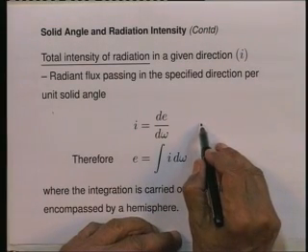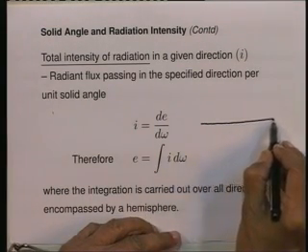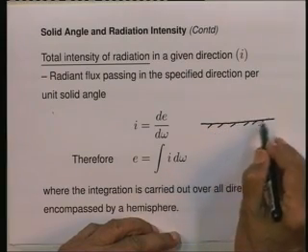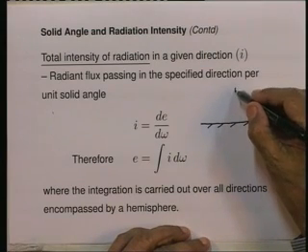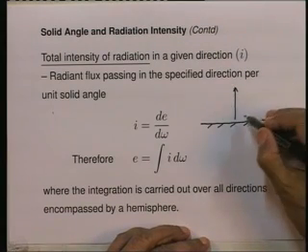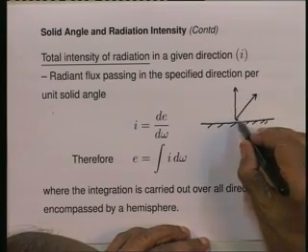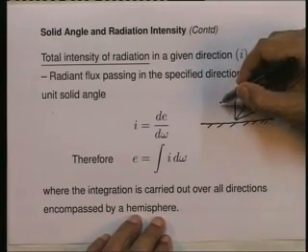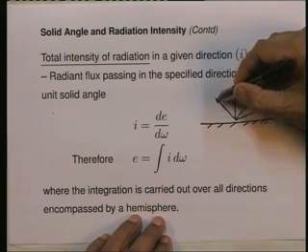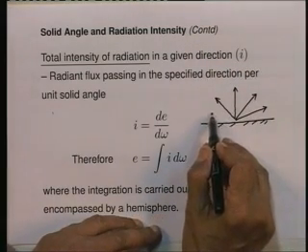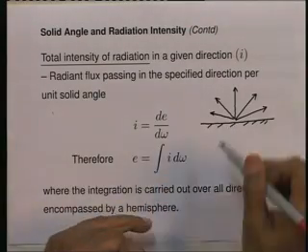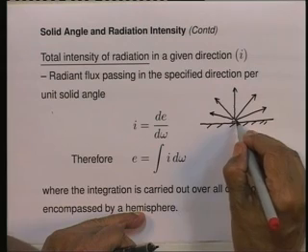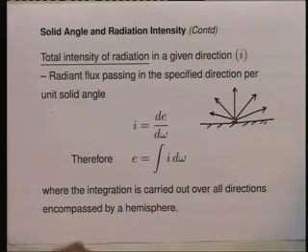Suppose I have a surface, like this, and it is emitting radiation in all directions, in the normal direction, at an angle, all directions given by a hemisphere. If I am taking any element on the surface, that element is emitting radiation in all directions of a hemisphere.